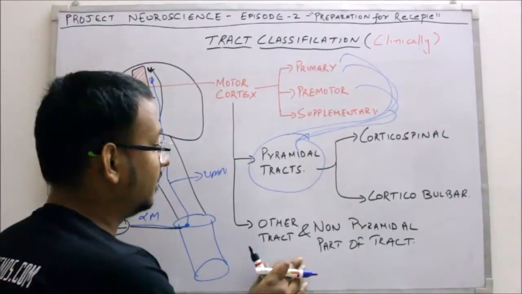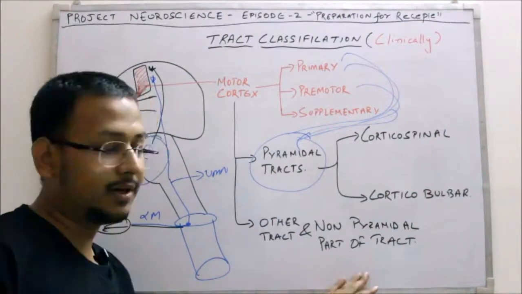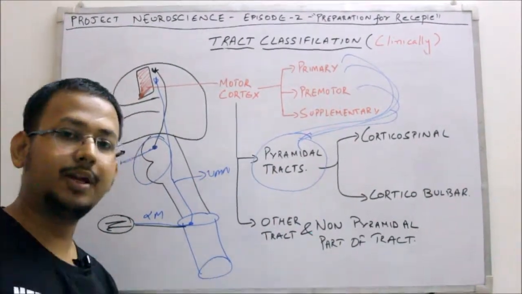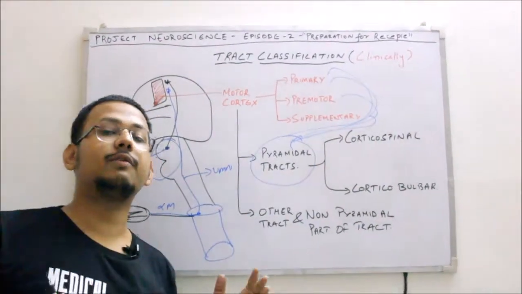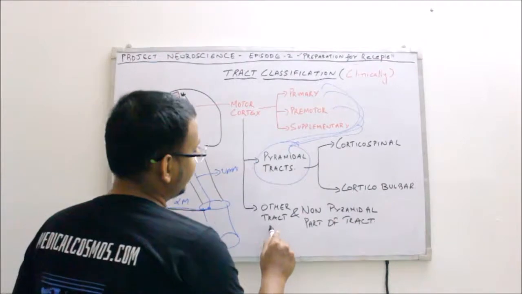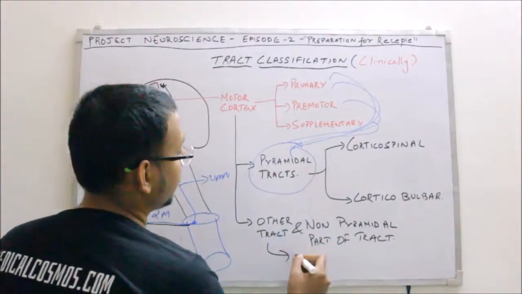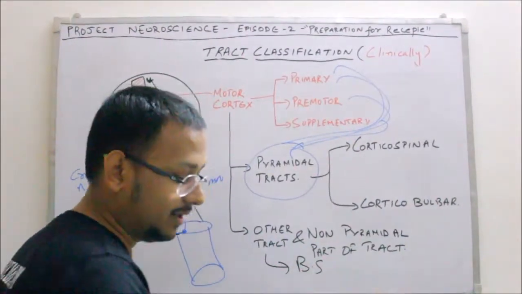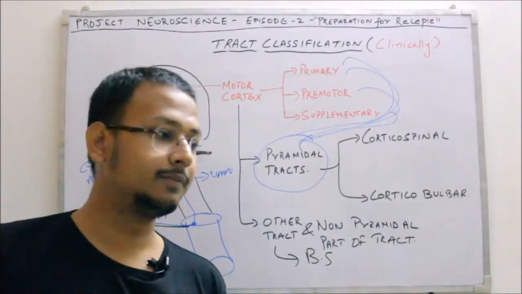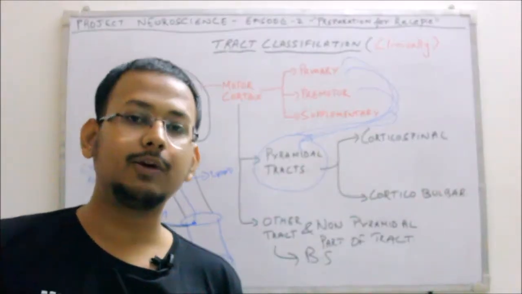Now there are other tracts, the non-pyramidal tracts also. These are the tracts which play a part in building the concept of the clinical manifestations of UMN and LMN lesions. These other tracts usually give fibers to the brainstem, to the basal ganglia, specifically the putamen and the caudate nucleus, and to the vestibular and reticular apparatus.